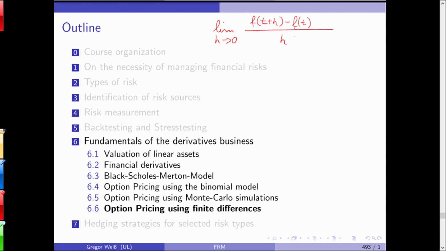You take a point, if you have a function like this.